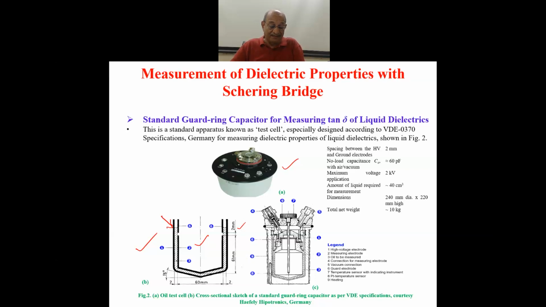The guard ring means there is a separation of the portion under measurement and away from there. That, as I circled, is the guard ring provided in this cell, and that takes care of the stray capacitances formed when you are measuring, because the stray capacitances formed may disturb or affect your measurements.